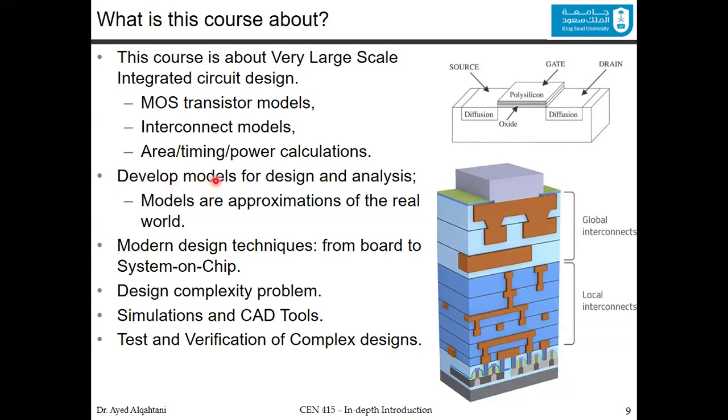We need to develop models for design and also for analysis. Those models will help us understand the transistor and the interconnection. Models are basically an approximation of the real world, and we try to make them abstract. In modern design techniques, you have everything from board to system on chip.